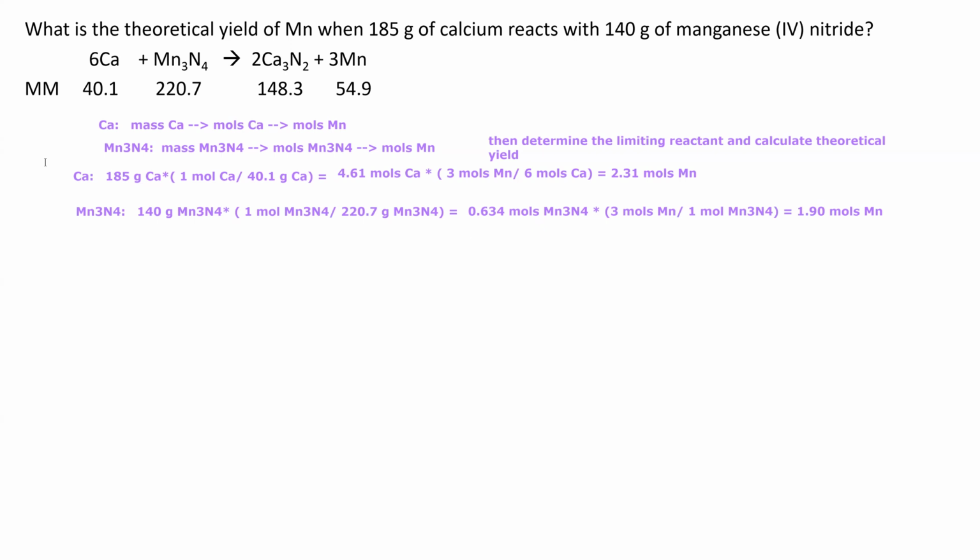And in this example, manganese 4 nitride is the limiting reactant. So we're going to take the moles of product produced by the limiting reactant and convert it to grams. So we're going to multiply by the molar mass.